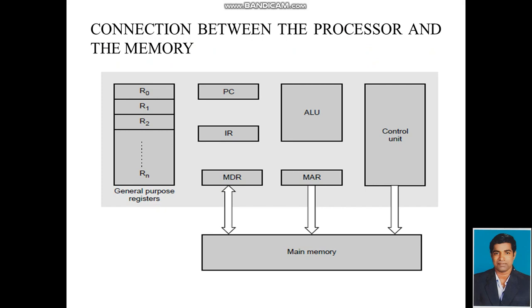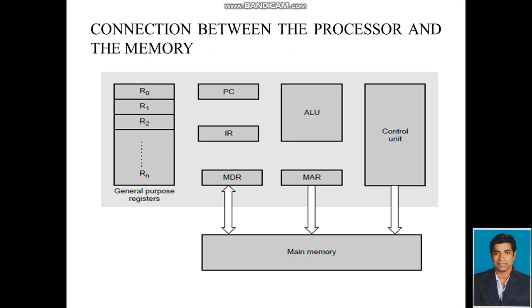For accessing memory, we are using memory data register and memory address register, through which we are accessing the memory. Mainly we are using the control unit, which controls all the activities of the processor.